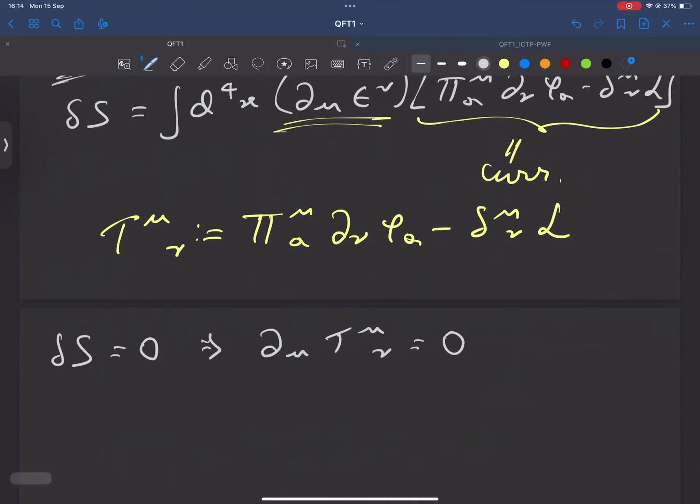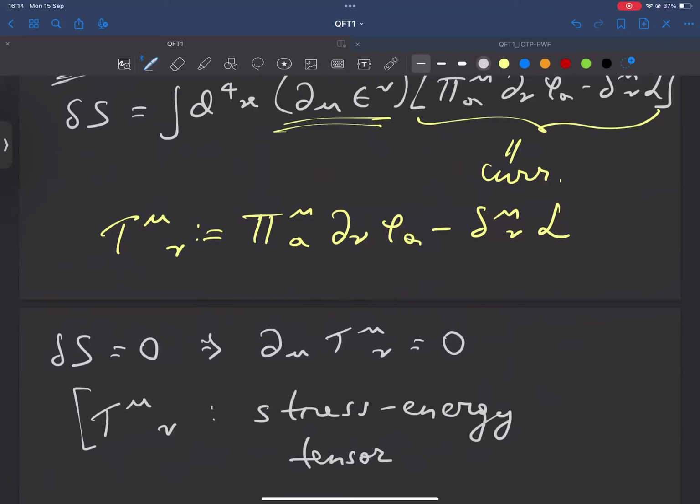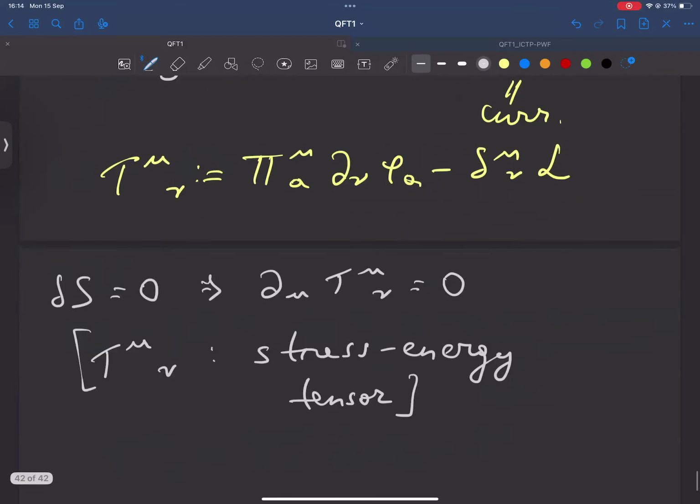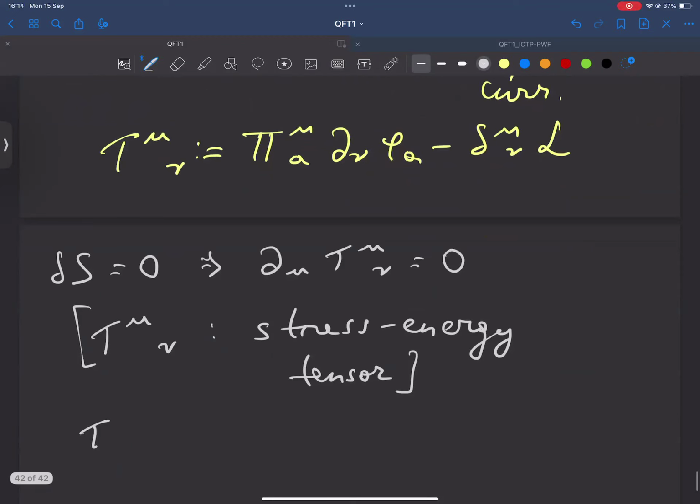And so I think we have to stop for today, but we will explain what this quantity means. But let me just mention that this is what is called the stress energy tensor. And we will see that when we look at the conserved charges, which in this case will be, as you very well know, the time component, so T 0 nu.